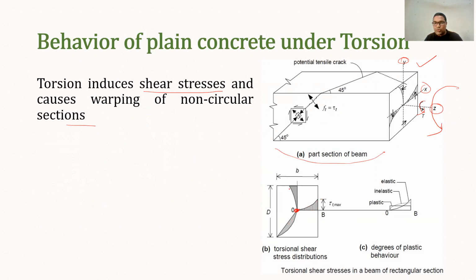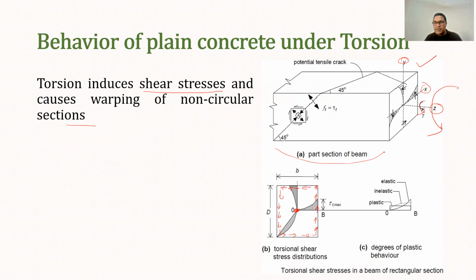As you can see, the torsion will occur like this. It will induce shear stress like this. So this is actually the shear flow which I am showing you. The longer the face, the higher will be the shear flow, and the higher will be the shear stress.